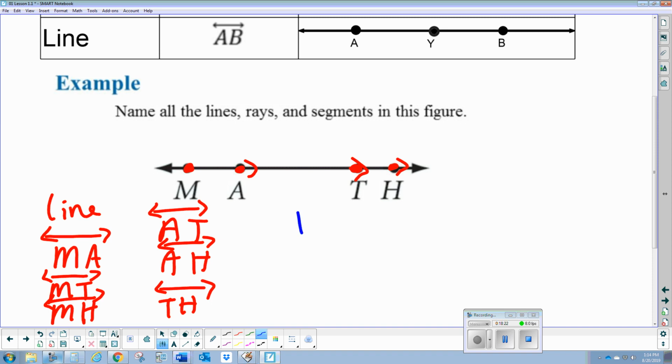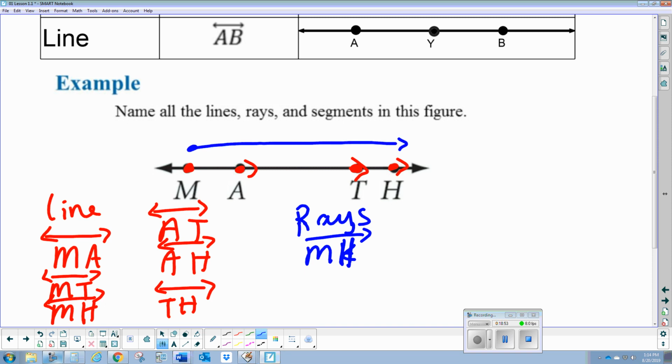For rays, remember with rays, you need to start at an endpoint. Okay, so we could have ray MH, where it goes through H and on forever, but M is an endpoint.